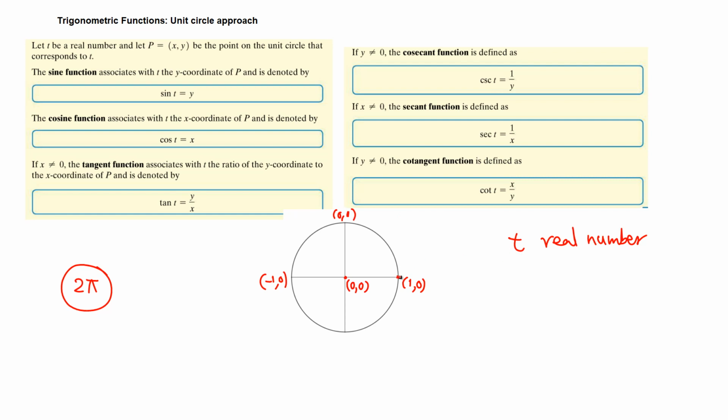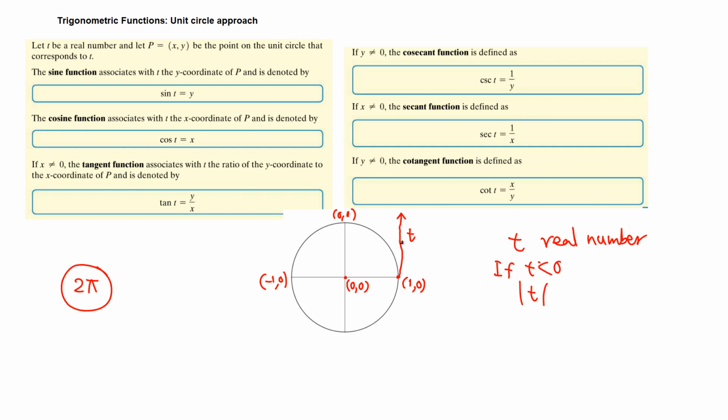Let's say t, any length, and up to this. If t is negative, if t is less than 0, then we take the length of absolute t and we go downward. Okay, this is the length t.